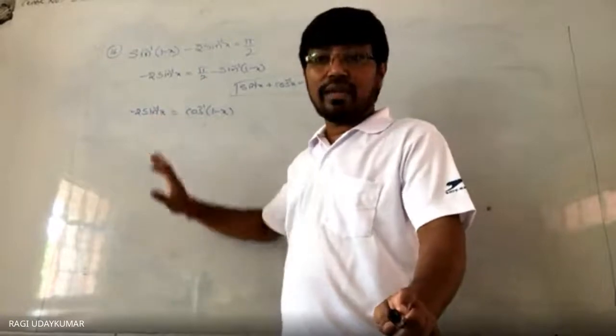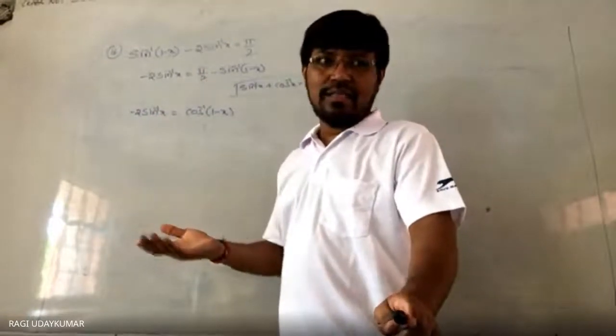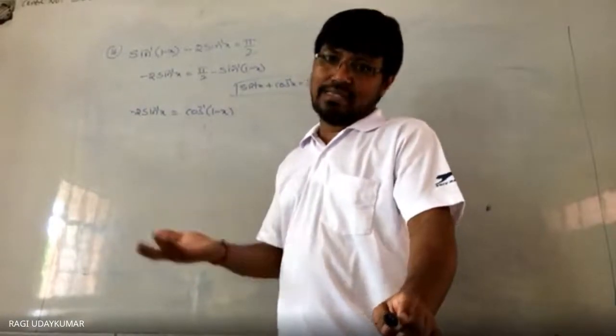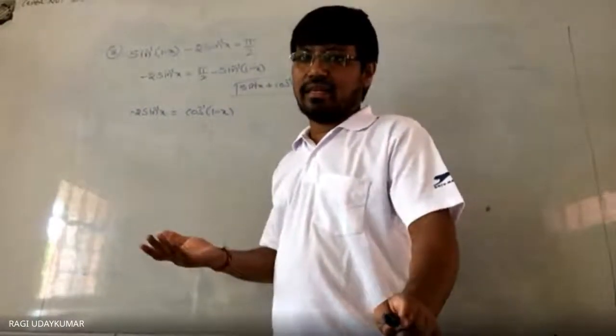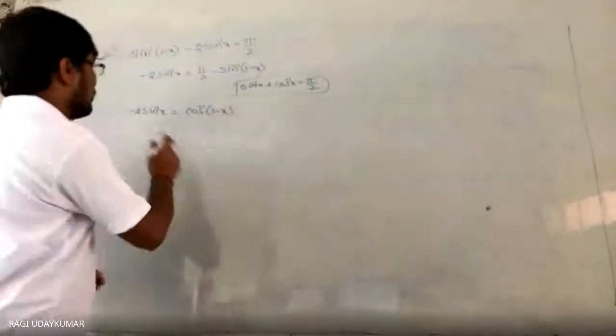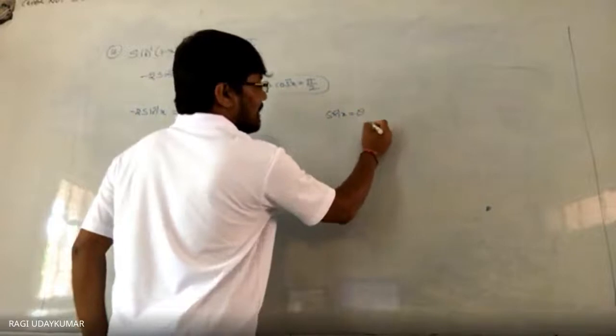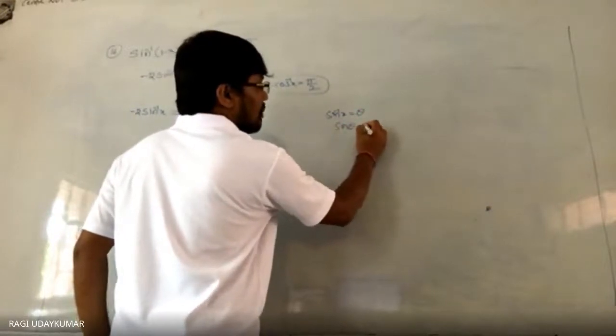So sin inverse x, how do you write in the form of cos? That you need to see. How do you write sin inverse into cos? So already you know that sin inverse x is equals to theta, if you consider it as theta, then sin theta is equals to x.